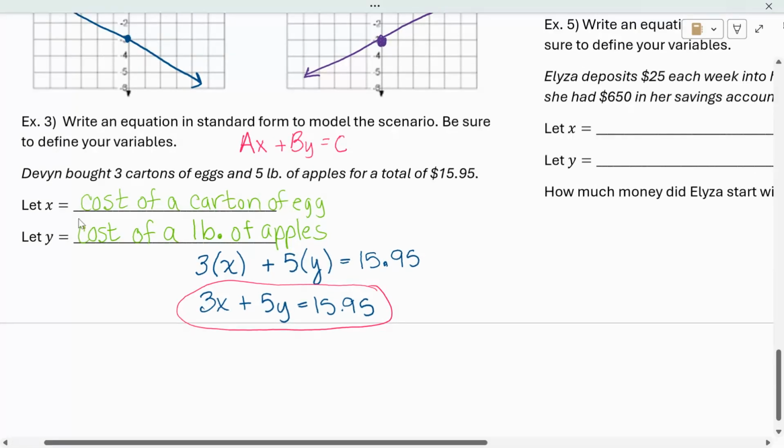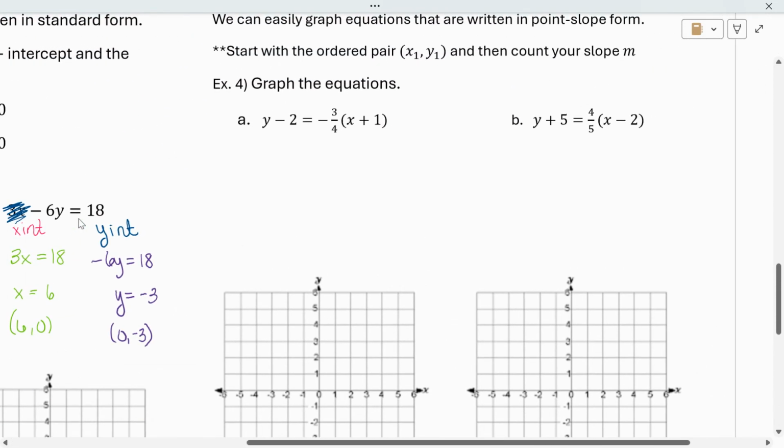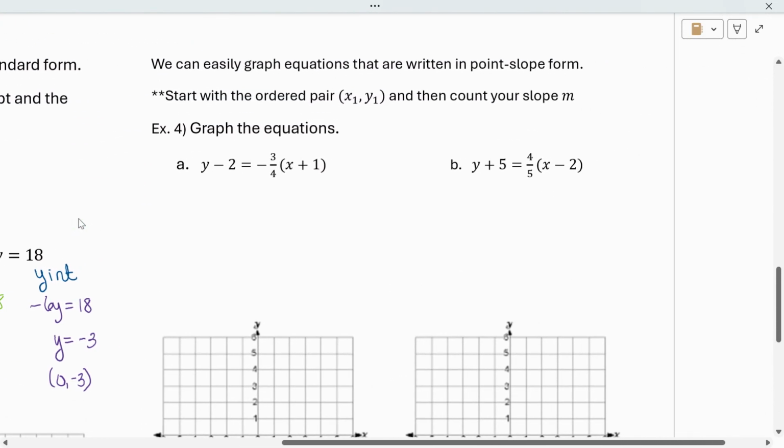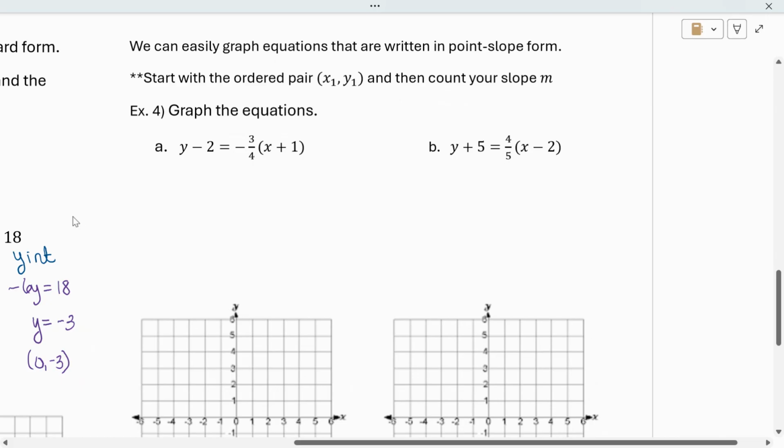All right, let's go to example number 4. Example number 4 is graphing an equation that's written in point slope form. You guys are going to be angry when you find this out, but if you're given an ordered pair and you're given the slope of a line, you can actually write an equation without finding the y-intercept.